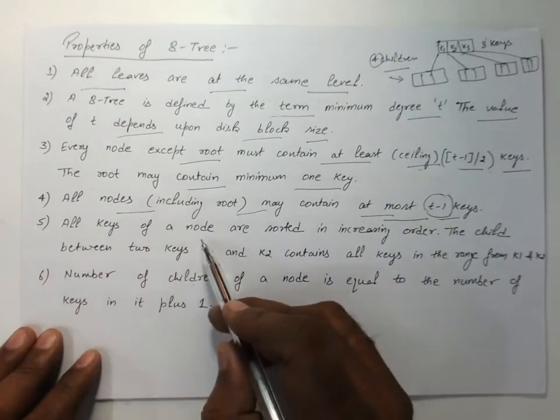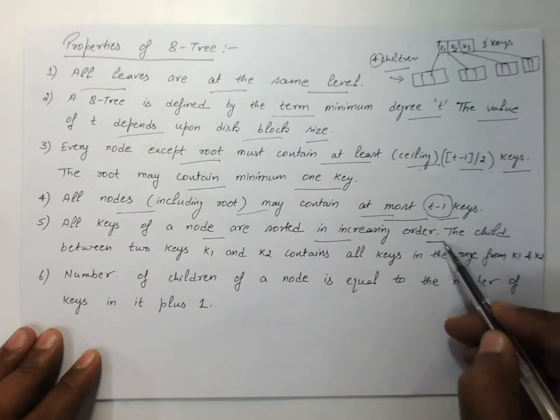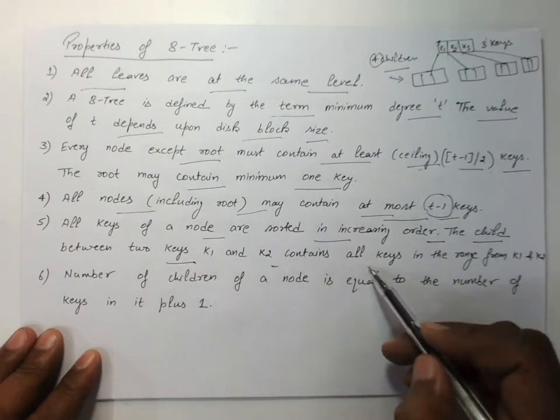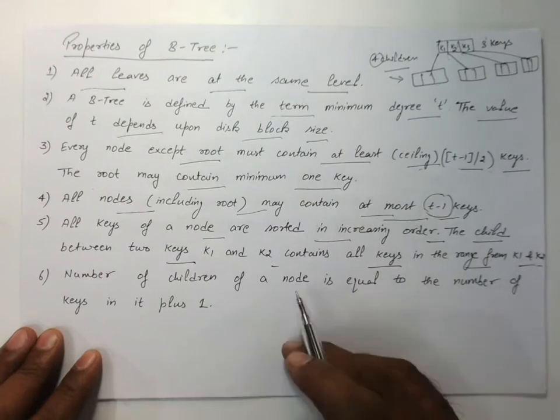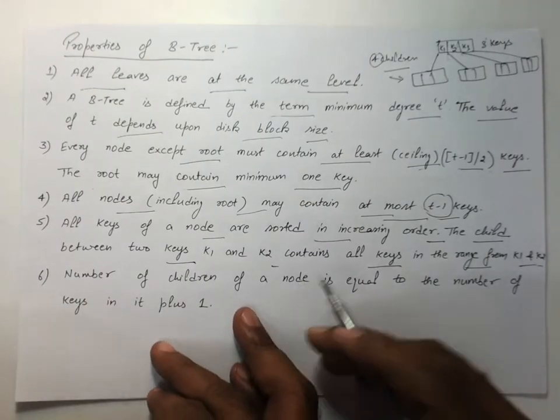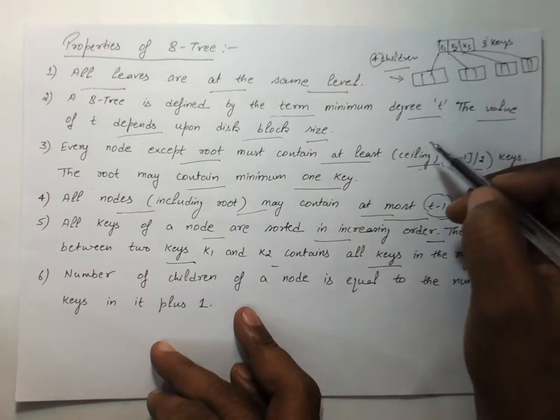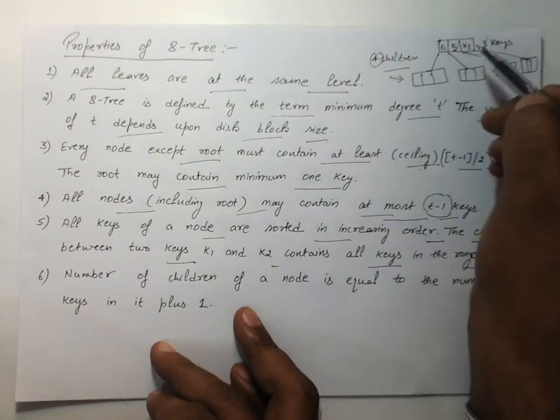Fifth, all keys of a node are sorted in increasing order, and the child between 2 keys K1 and K2 contains all keys in the range from K1 to K2. What does it mean? Whenever values are stored in a particular node, they are stored in increasing order.